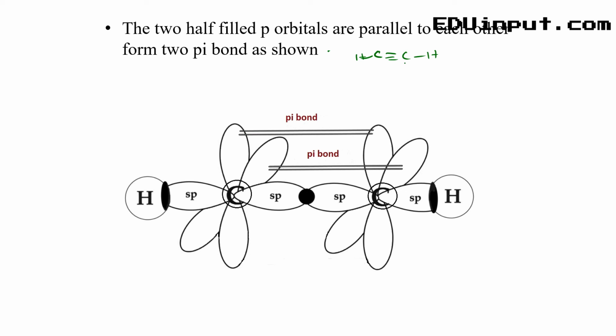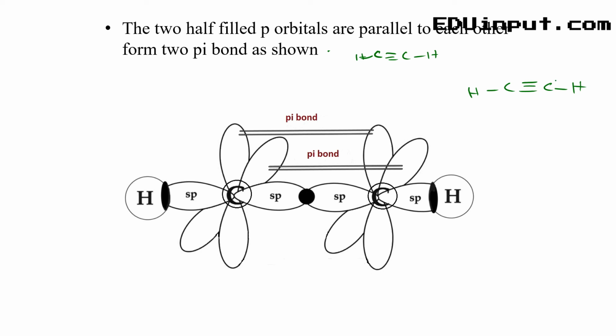Now we can see that two half-filled orbitals are present that are going to form two pi bonds. And if you remember in the first lecture of hybridization, we mentioned that we can also find the type of hybridization in any molecule just by counting the number of bonds. In this case we have carbon triple bonded to carbon atom and then hydrogen.